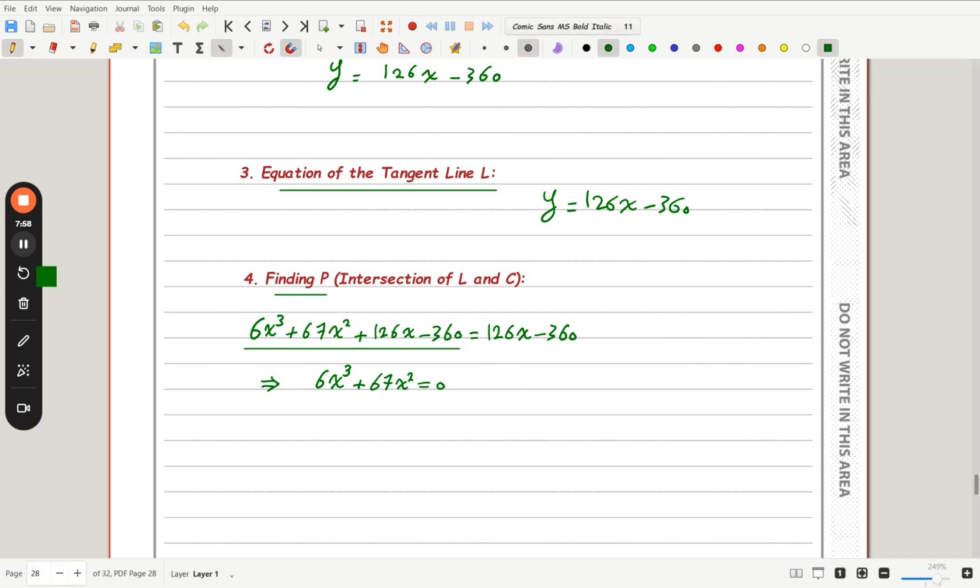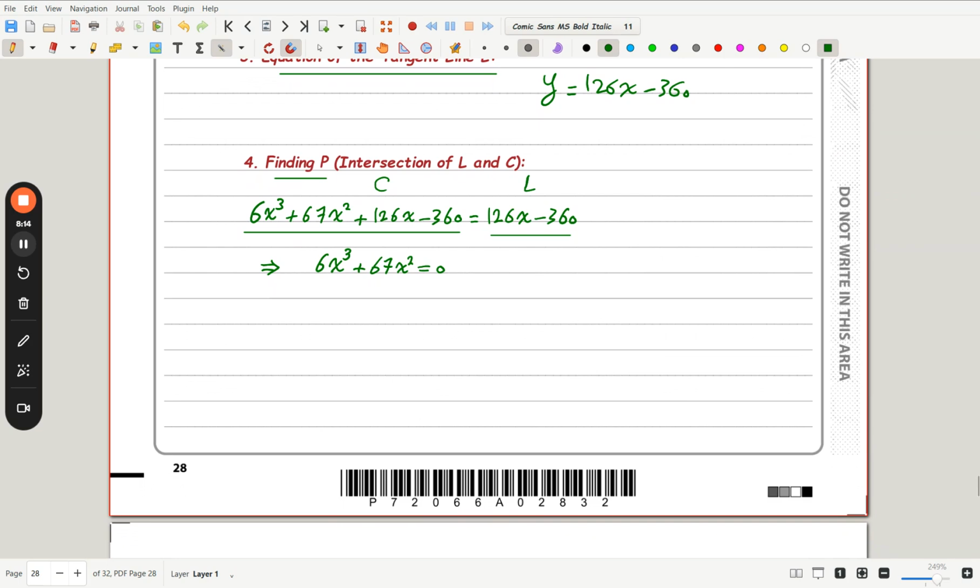So here we have the equation of C, and here we have the equation of L. Simplify it, you will get 6x to the power of 3 plus 67x to the power of 2 equals 0. Take out x to the power of 2 as a highest common factor, so x to the power of 2 out. We'll have 6x plus 67, and this is equal to 0. Then we'll have x equal to minus 67 over 6. This is the value of x.